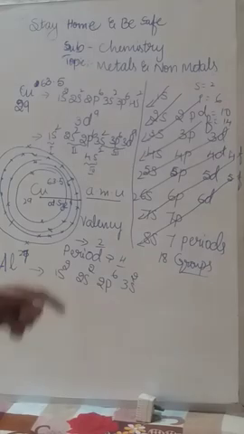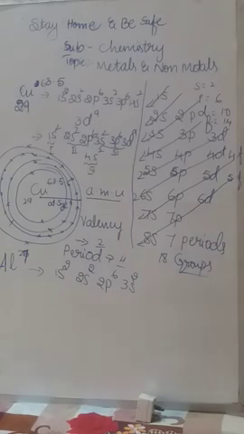When it comes to the nearby orbital, you have to count and balance, equalizing the atomic number with the electrons. So 2 plus 2 is 4. 4 plus 6 is 10. 10 plus 2 is 12. Remaining only 1, because the atomic number of aluminium is 13. Keep in mind, we always write the electronic configuration for the atomic number, not for the mass number.